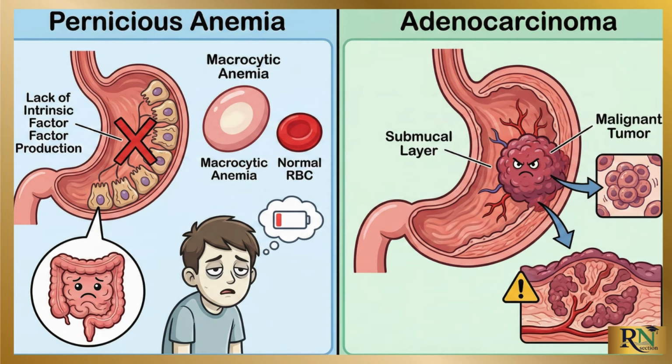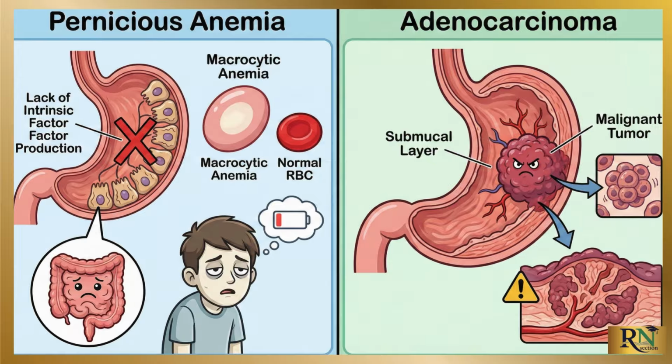Related key terms, achlorhydria, the absence of hydrochloric acid in gastric secretions. This low acid environment is a risk factor for gastric cancer. So adenocarcinoma is a malignant tumor originating from glandular epithelial cells, often seen in the stomach lining.